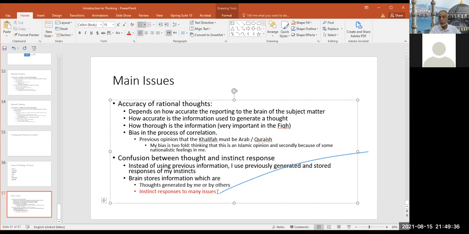So this is an issue that can confuse the rational thinking, not only make it inaccurate, it does make it inaccurate, or because you have not used the proper information on the subject, it can give you a bias. You are not supposed to use your instinct responses for the thought. You can use the instinct response.